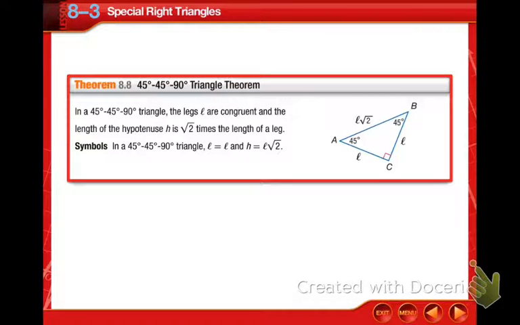So here we have our 45-45-90 triangle. We have two equal sides, right? Those are our legs, so L squared plus L squared is equal to H squared. So we have two L squareds, so 2L squared is equal to H squared.